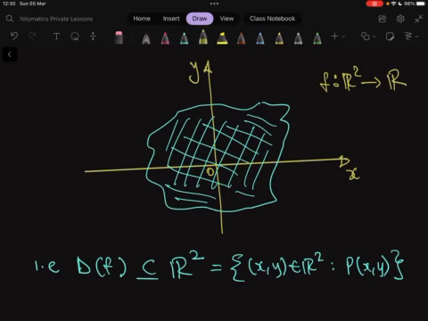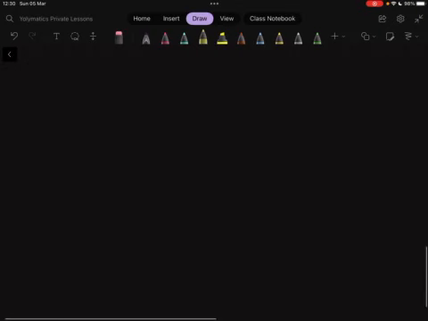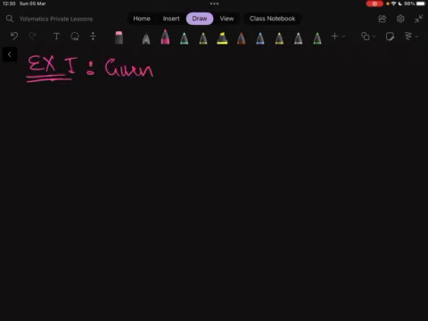We are going to do that by looking at different examples. So what you have to do is pay attention to the thought process behind establishing the domains of such functions. So to begin, we have the following example. We are given a function f(x, y), which is defined to be x ln(y² − x).